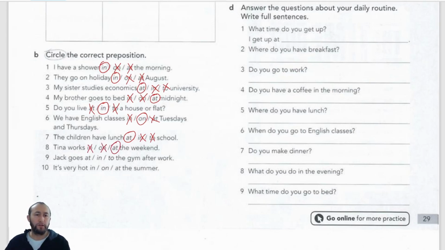Number 9, Jack goes to the, it's a place. When we talk about places, go to the shopping center, go to the gym, go to work. We're not going to do at or in. 10, it's very hot in the summer. Not on, not at. Seasons: in the summer, in the winter, in the spring.